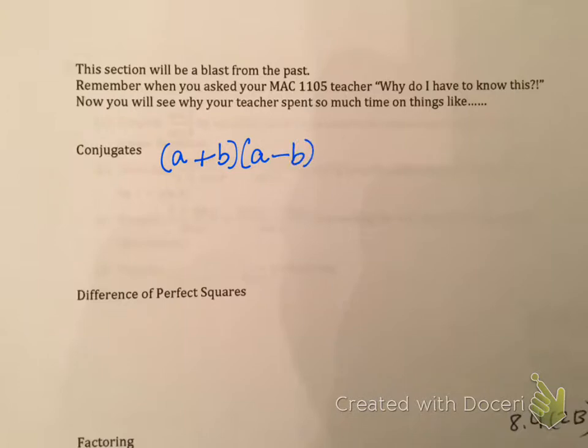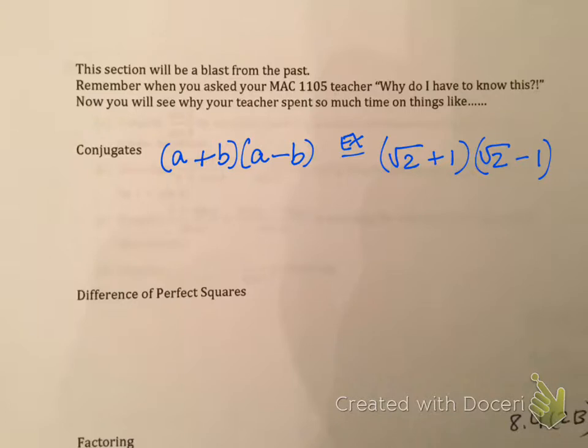Okay, so an example of that where you'd have to use the conjugate is usually in rationalizing the denominator. So for instance, if you had the square root of 2 plus 1, you'd have to take the conjugate, which is the square root of 2 minus 1, and multiply those together to get rid of a radical.